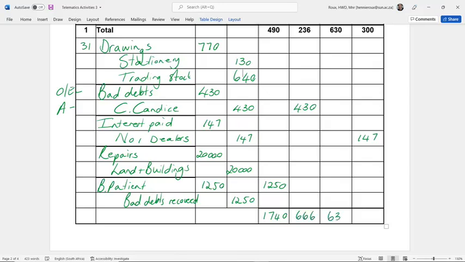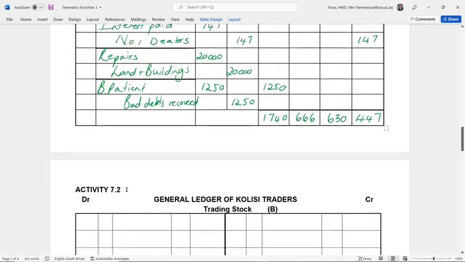That one stays 630. And the total 447. And now we can start by using the journals given, CRJ, CPJ, DJ, DAJ, CJ, CAJ, as well as the general journal to post to the ledger accounts.